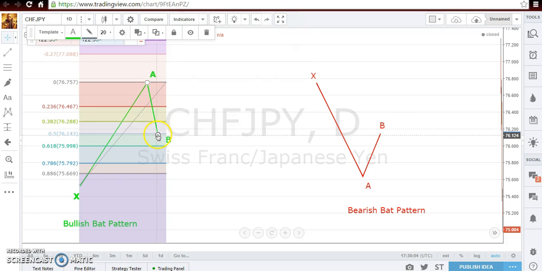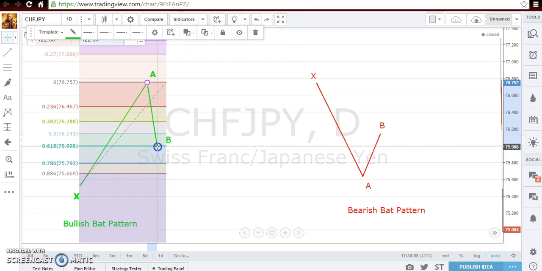It can go beyond the 50% retracement as long as it doesn't touch either the 618, the 786 or the 886. So if it comes and touches the 50% retracement, it can go all the way there as long as it doesn't touch any other retracement line after that. Then you've got a valid B leg of a bat pattern.